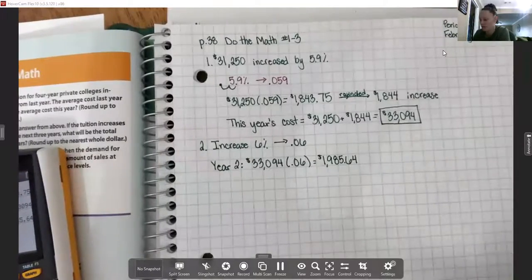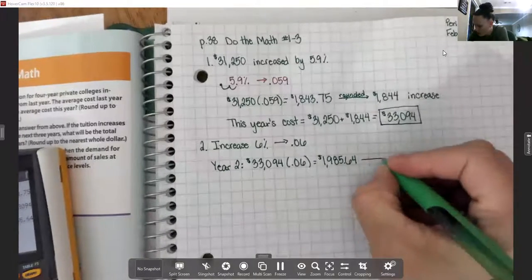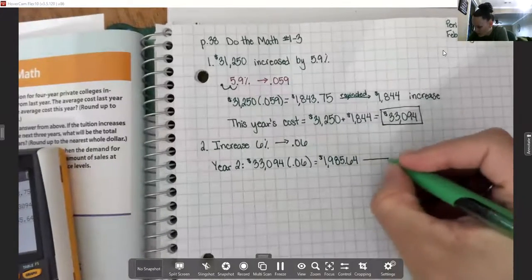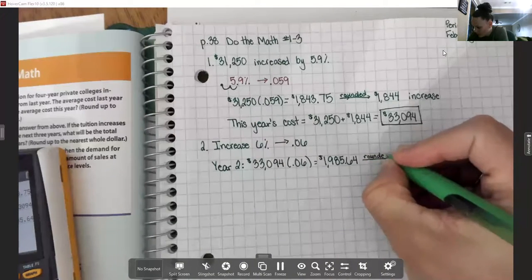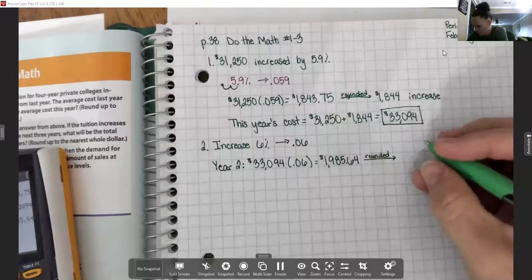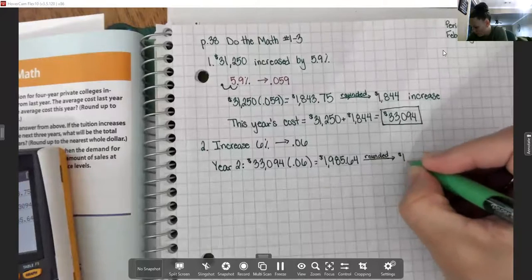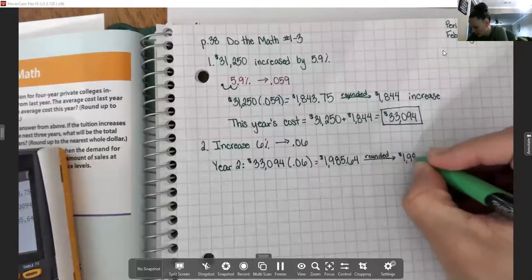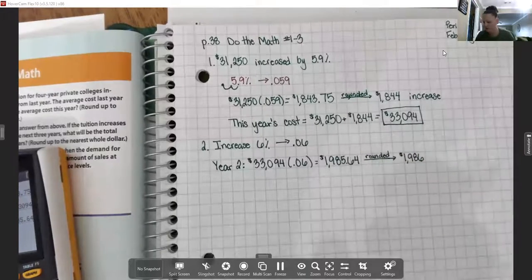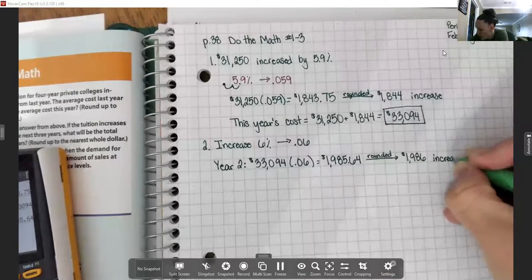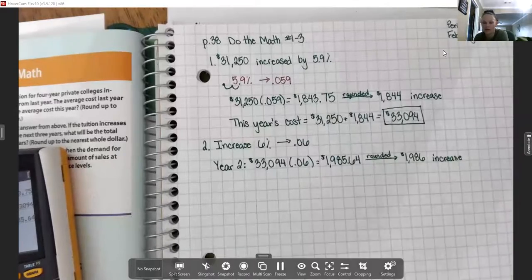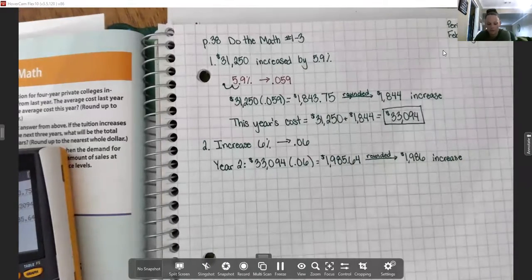Move the book out of the way a little bit. Same thing though. We have to round it. $1,986 because after the 5 is 64 cents. So that was how much it increased. $1,986.